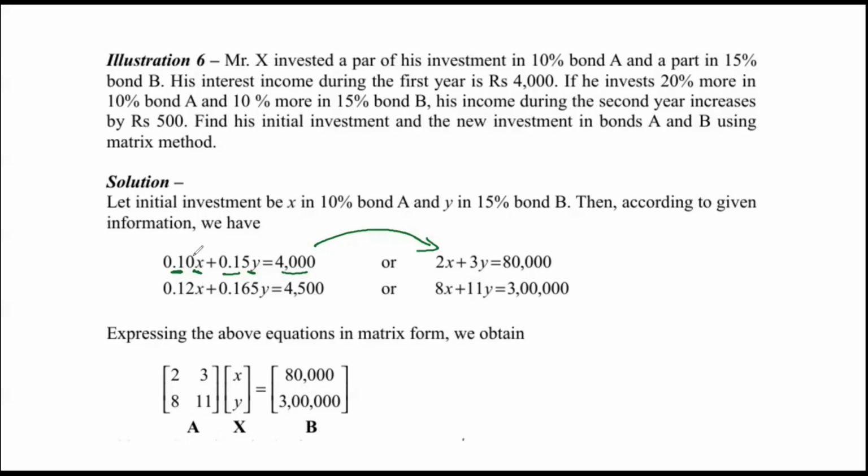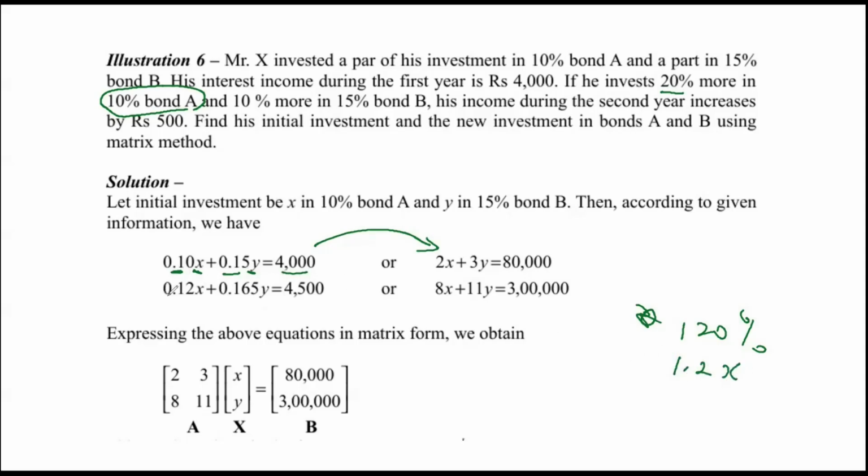Second year, it says he's investing 20% more in this bond, A type of investment, right? So 20% more is like 120% of what he invested before, which is 1.2 of X, right?